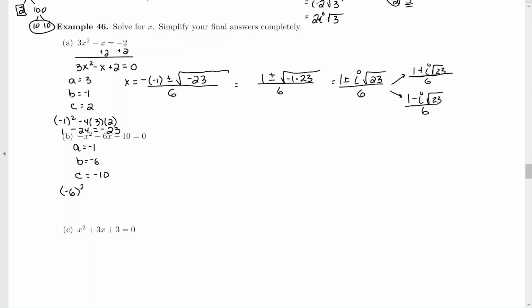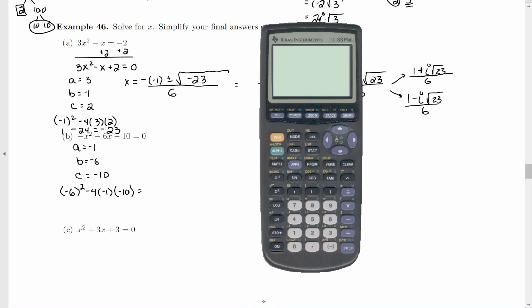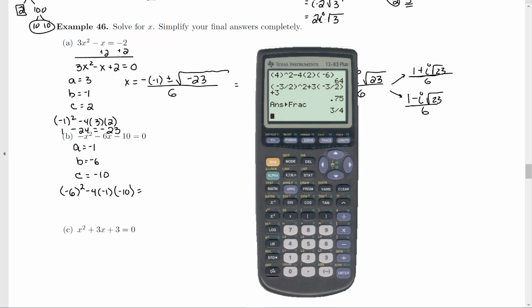Negative 6, the quantity squared, minus 4 times a times c. Let's just figure that out. And again, don't be afraid to use the calculator. Watch your signs, watch your parentheses. Negative 6, the quantity squared, minus 4 times, and again, in parentheses, negative 1 times, in parentheses, negative 10.